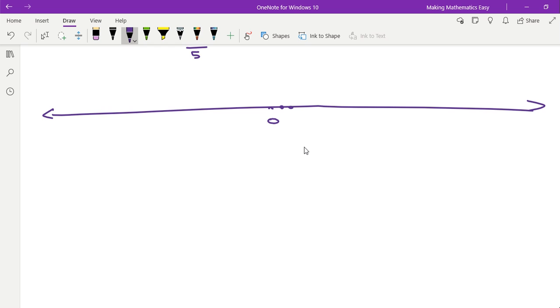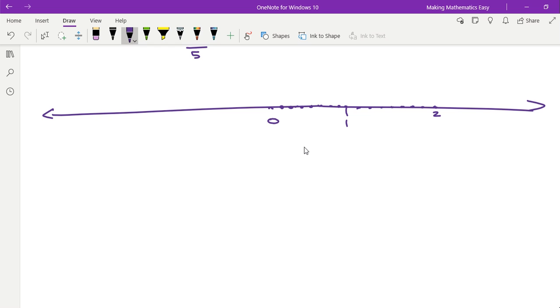This is 1 2 3, this is 3 4 5 6 7, this is 8, so this is 1. Then 1 2 3 4 5 6 7 8, this is 2.